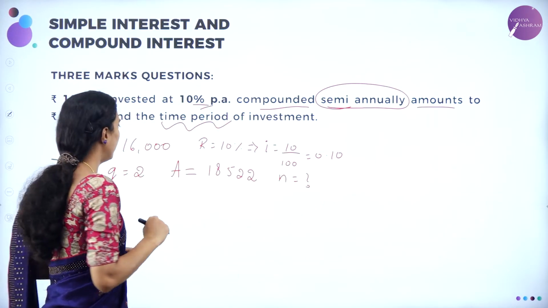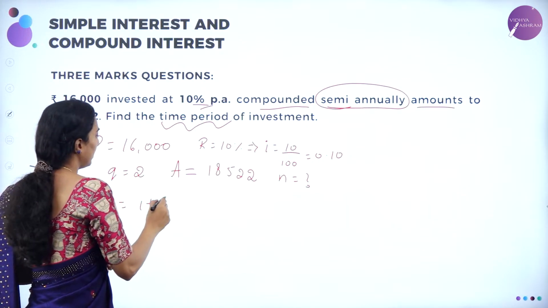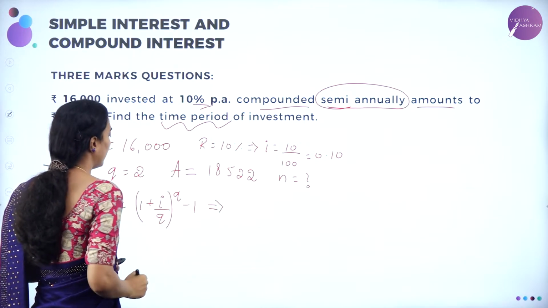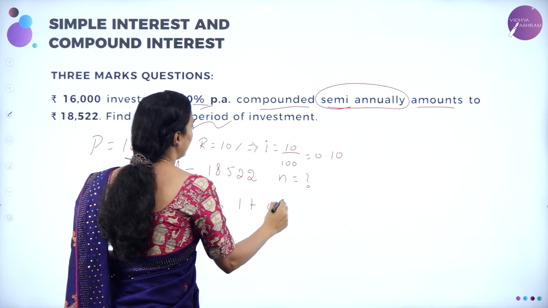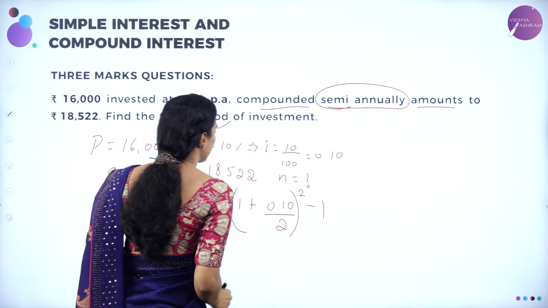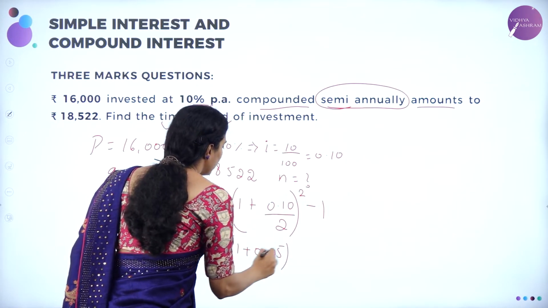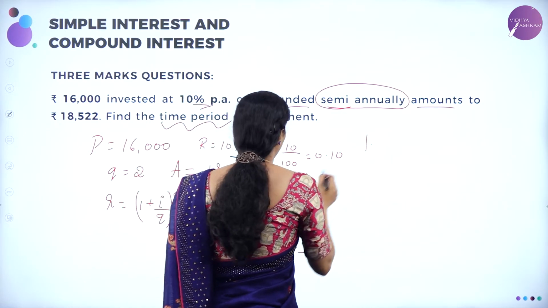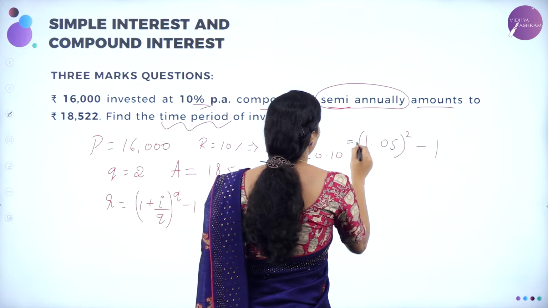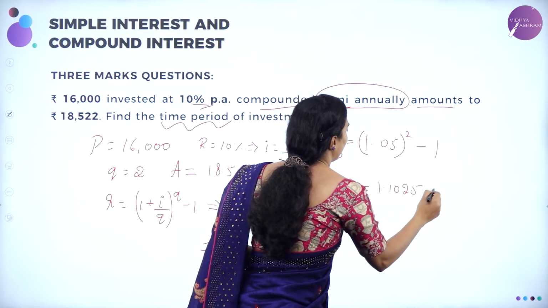We need to use the two formulas here. First, let me calculate the nominal rate, that is R is equal to 1 plus I divided by Q, whole to the power of Q, minus 1, which implies 1 plus 0.10 divided by 2, whole to the power of 2, minus 1, which is equal to 1 plus 0.05 whole squared minus 1, which is 1.05 whole squared minus 1, okay, which will be equal to 1.1025 minus 1.